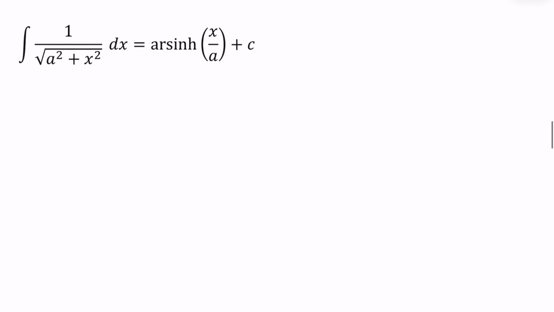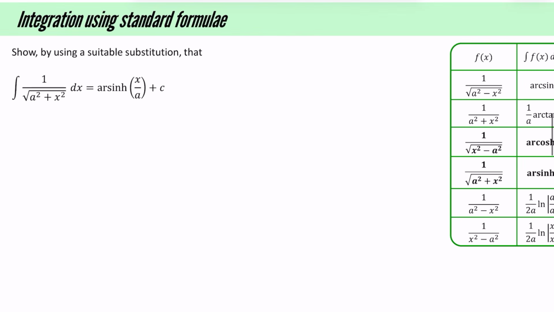So we will start off with, where shall I do some of this work? I'll do it over here. We're going to use the substitution that x is equal to a sinh u, I've even written it wrong. Now, I know at some point I'm going to need this dx, so I'm going to differentiate it. So dx/du is going to be a cosh u, meaning that dx is equal to a cosh u du.